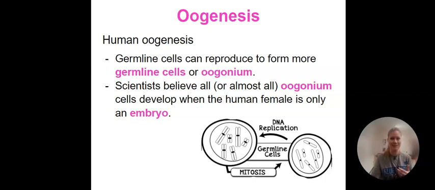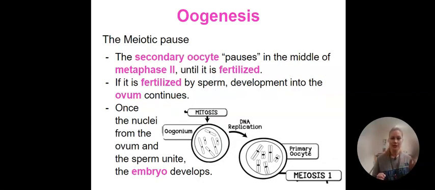So pretty crazy. The other difference between meiosis in males and females is that the process of meiosis actually pauses in the middle of metaphase 2. So you go through all of meiosis 1, you start meiosis 2, but it is paused until that oocyte, it's technically not an egg yet, becomes fertilized.